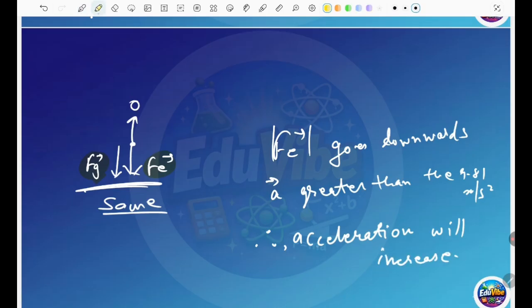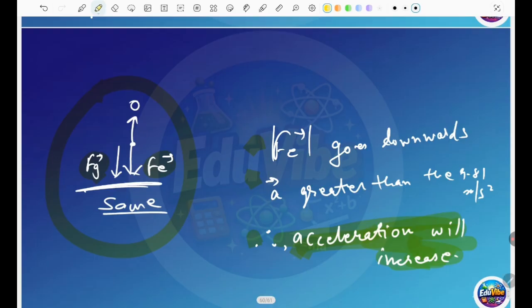So those are the three points you have to mention. And if you want, you can make a diagram. But all three points should be mentioned in your answer, explaining why this happened. And the main result is that the acceleration will increase.